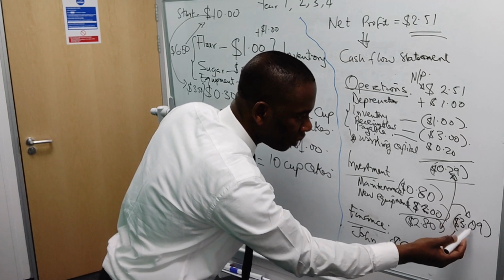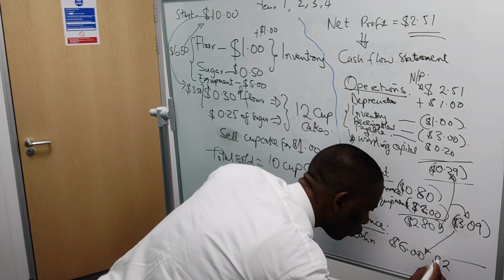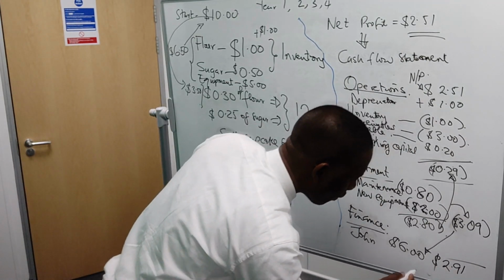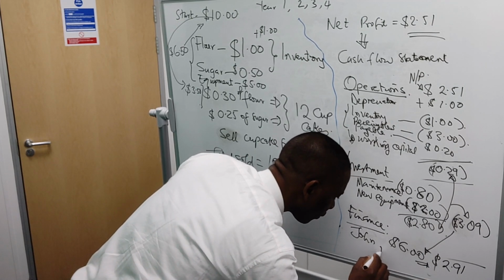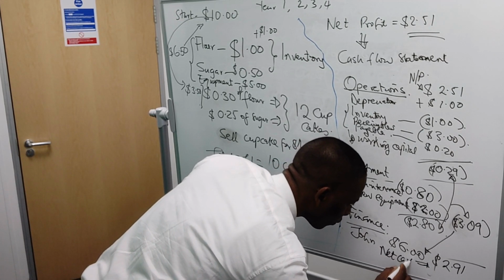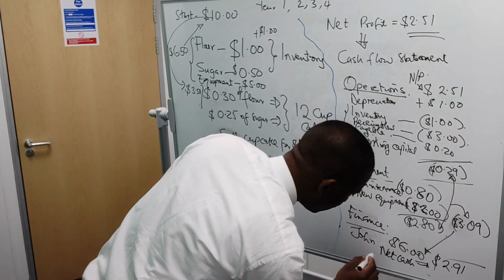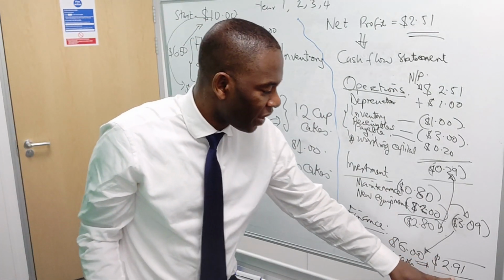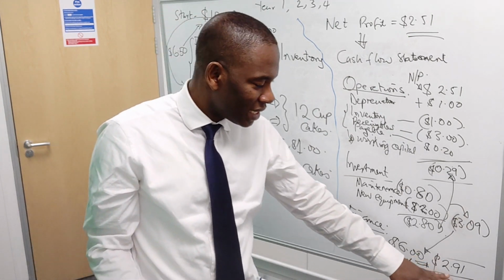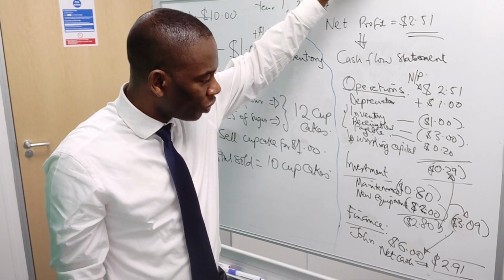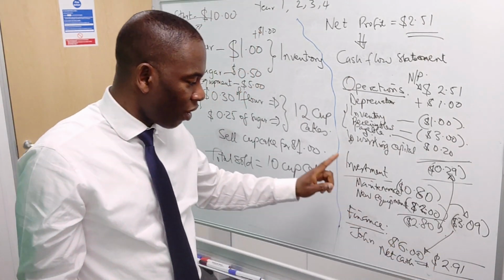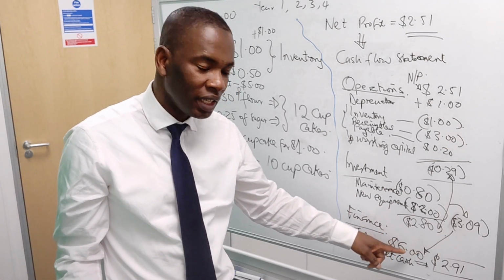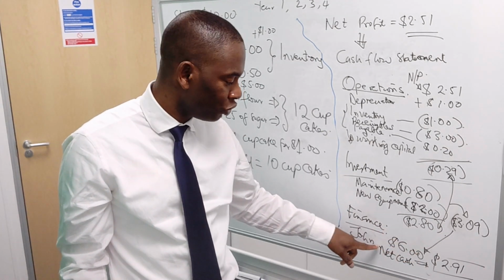So if we now add $3.09 to $6, $2.91 of net cash from the cash flow statement. So this is going to be our final cash that the business gets after running for the year. Of this $2.91, remember, most of it came from $6 from John.